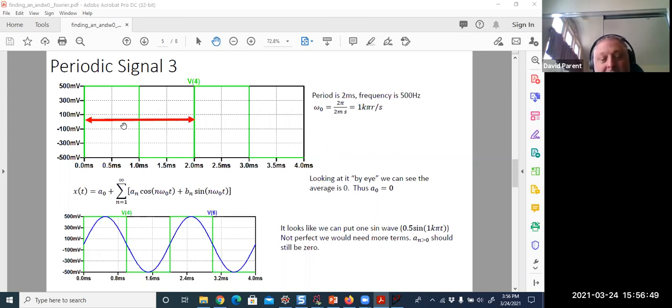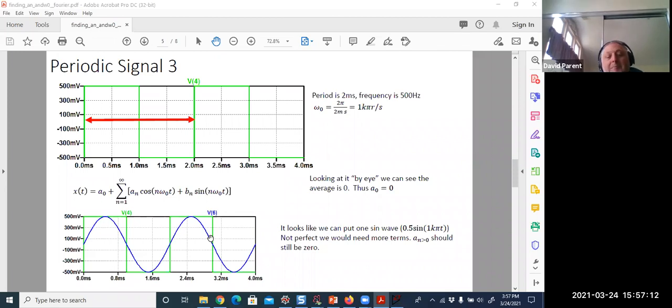Now, here's the thing. You can start intuitively trying to put in sines and cosines to see what's going to work. So I'm just going to put down one sine wave with an amplitude of 0.5 volts with a frequency of 2 and see how it fits in pretty well.